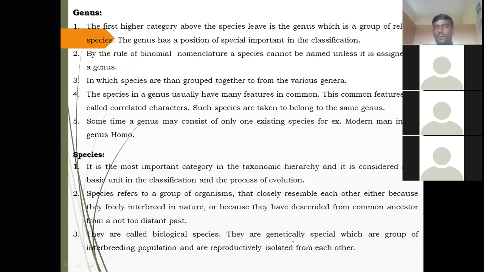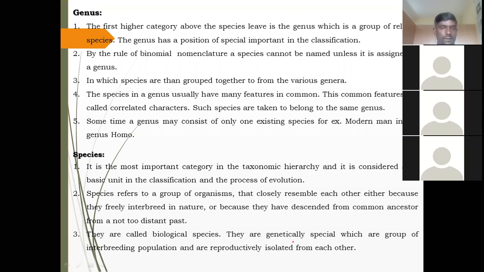Means if you are interested to classify a particular organism, a particular species, it is necessary to study all the above aspects. Then you get the particular species.